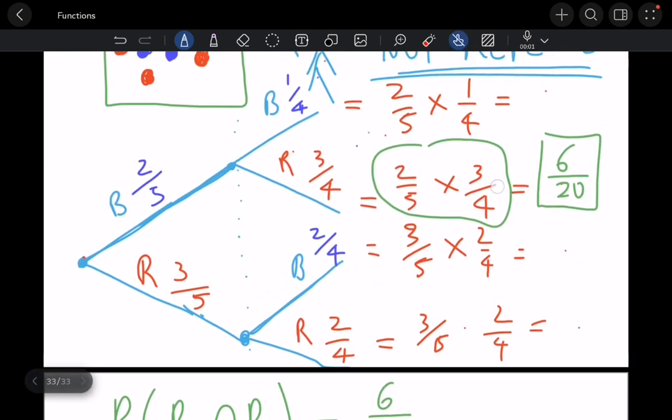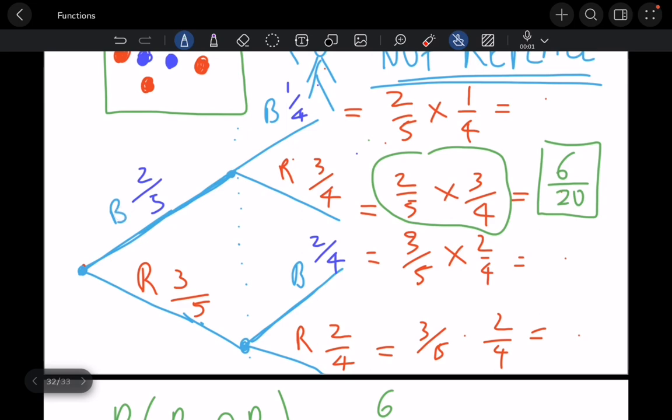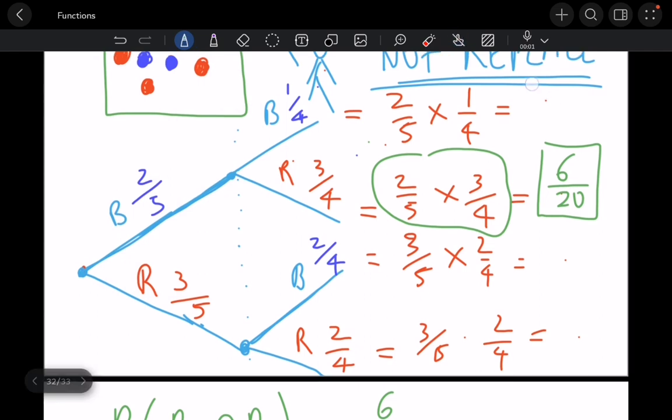let's understand blue, it will be this one and this one, and it will look like 2 over, 5 times 4 is 20, so it's going to be 2/20. And then red and red will be 3 times 2, which is 6, and 5 times 4, which is 20.